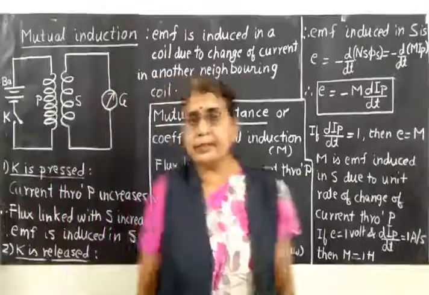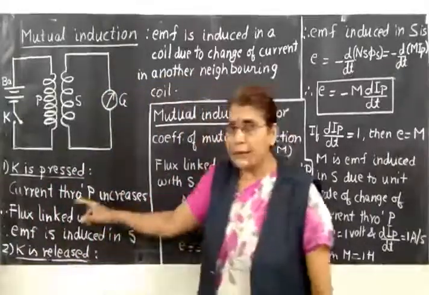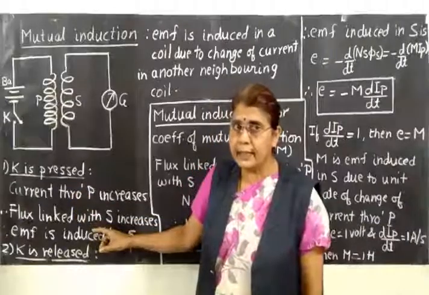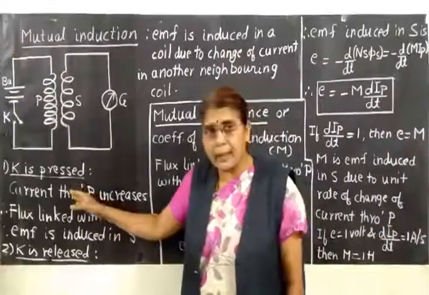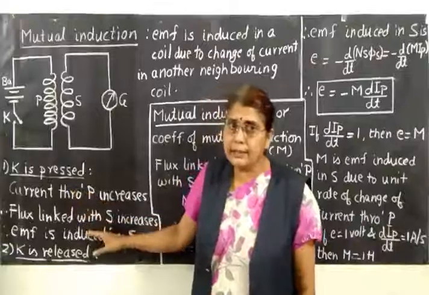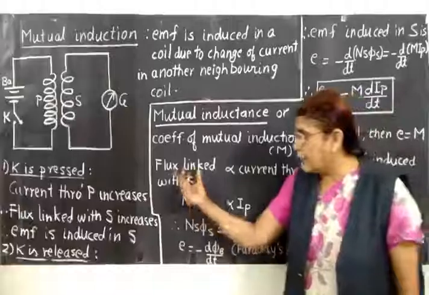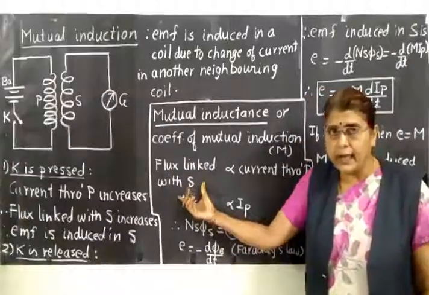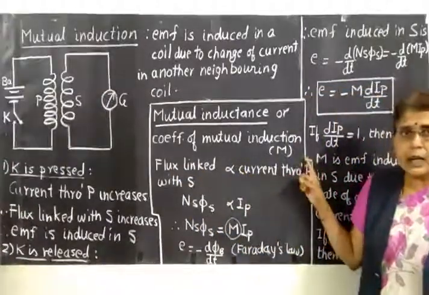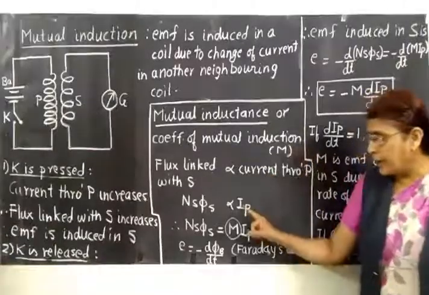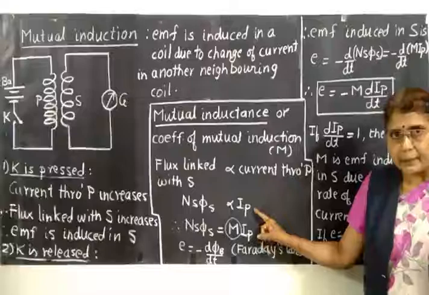So just now we have considered here, when the current through the primary increases, flux linked with the secondary increases. When the current through the primary decreases, flux linked with the secondary also decreases. The meaning is, the magnetic flux linked with the secondary coil is directly proportional to the current through the primary coil. Now current through the primary coil, let us denote it by the letter IP.